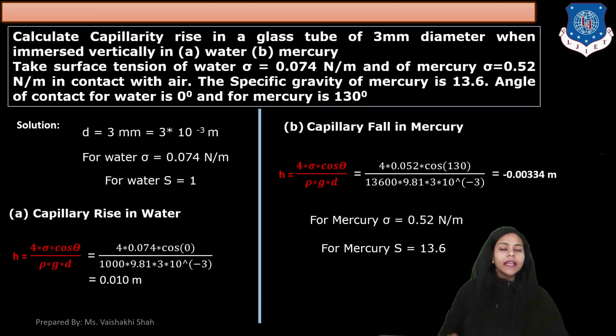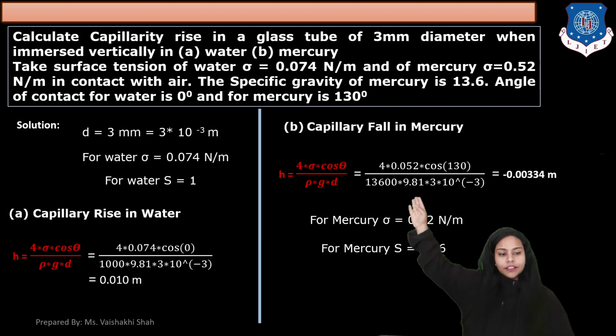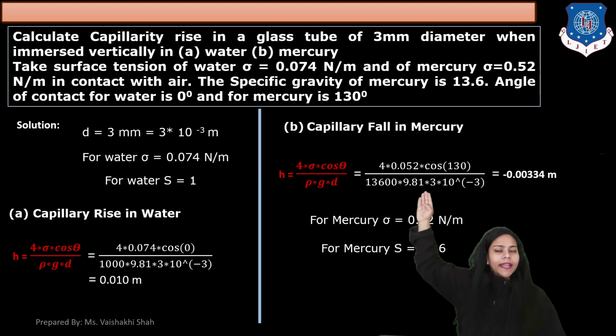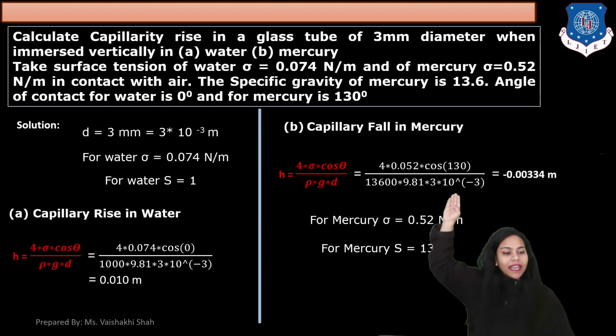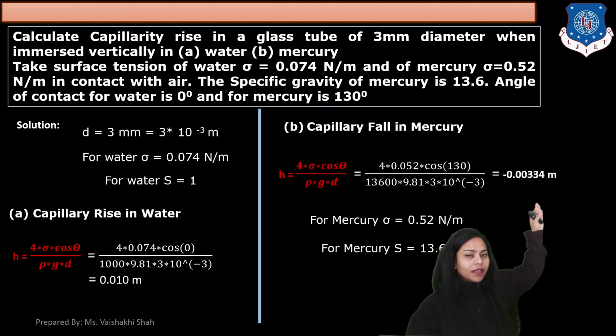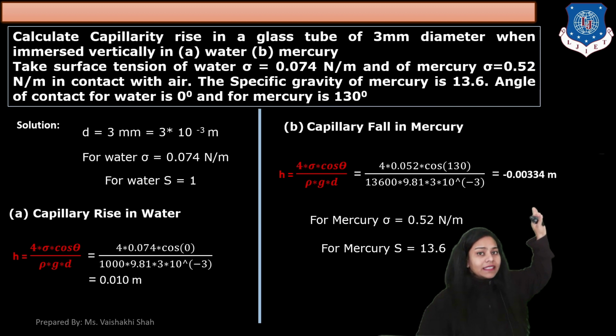So 4 into 0.052, that is your sigma, and theta is 130 degree. So cos 130 divided by mass density of mercury, that is 13,600 into 9.81 into 3 into 10 raised to minus 3. So your final answer is 0.00334 meter. Now here the sign is negative.